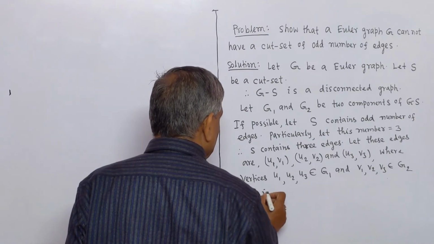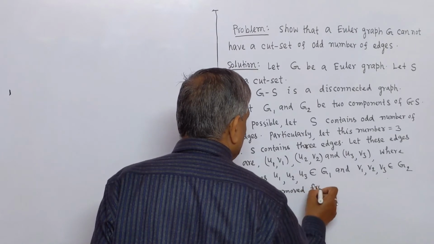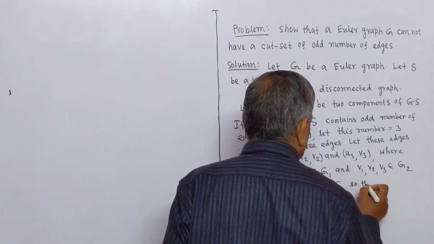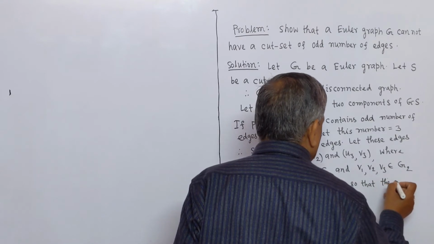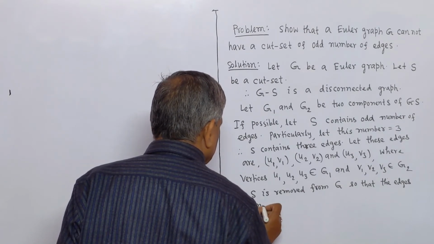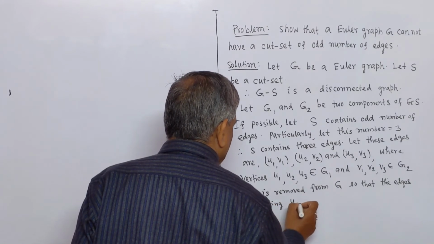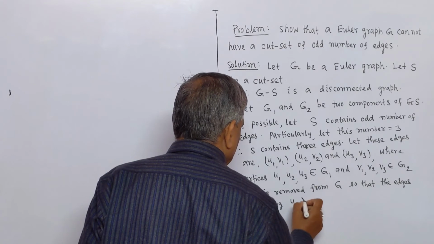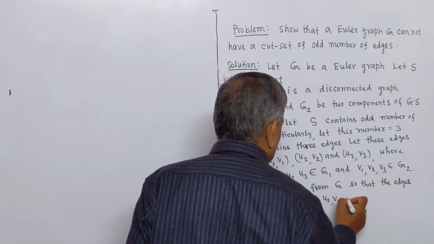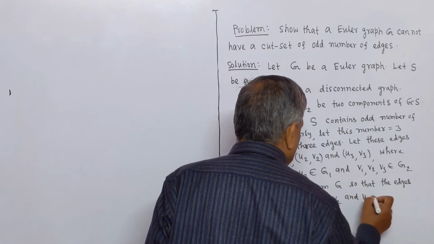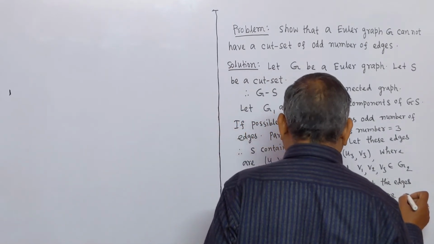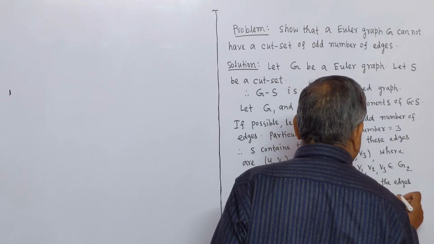Since S is removed from G, the edges connecting U1V1, U2V2 and U3V3 are removed.